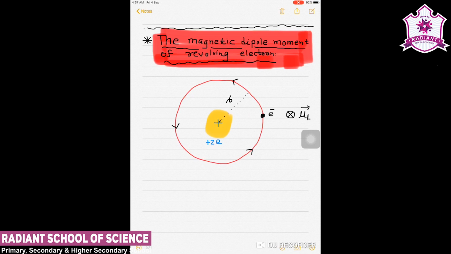In this chapter we have seen that if a charge is moving on a circular path, then it will produce a magnetic field as well as current.